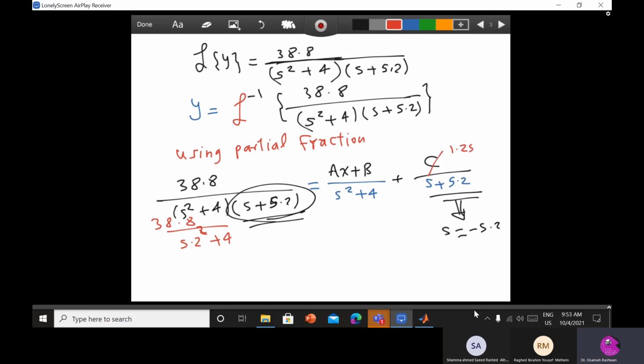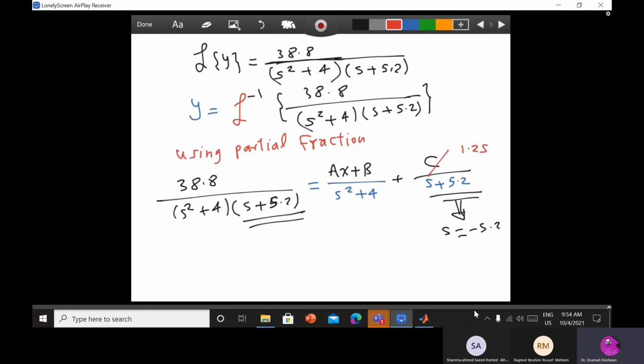Thank you very much. Okay, so I get C by hiding what is down C because it is a first degree, and substitute in the numerator and denominator, and I get the fraction which is 1.25. So C will be 1.25.